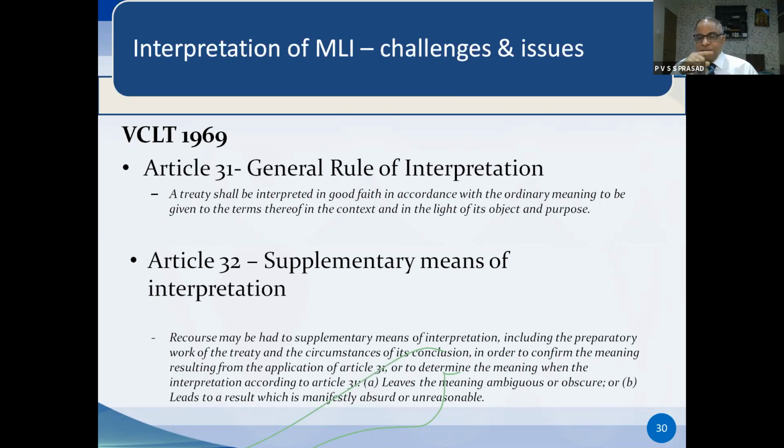That means if the ordinary meaning is not coming up, then you will have to look at the text of the treaty and what has been exchanged between both countries. As I mentioned, India-US negotiated for 25 years and then concluded the treaty. Then you will have to go through what mails got exchanged, what letters got exchanged, what views got exchanged, and ultimately what is finalized. Then only you will know their true mind and what they have truly agreed.